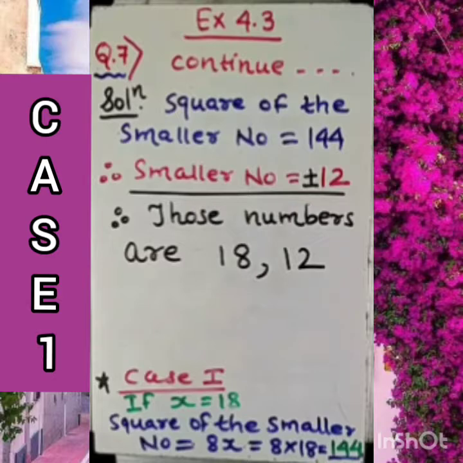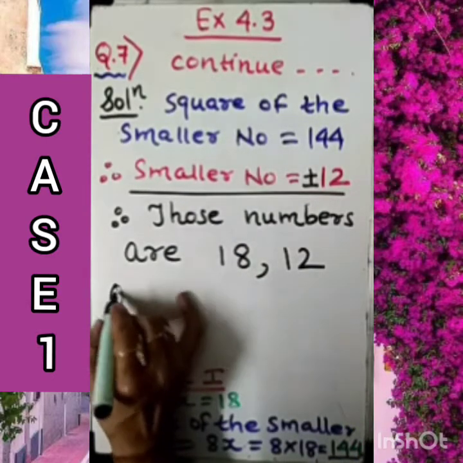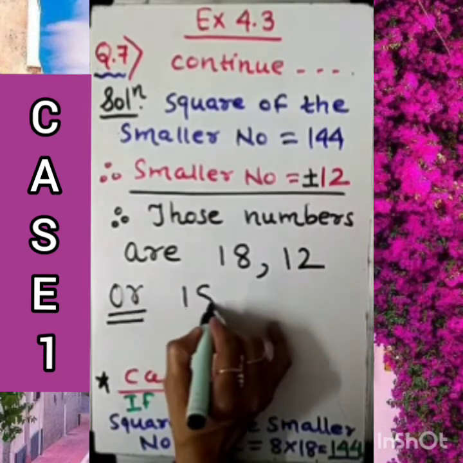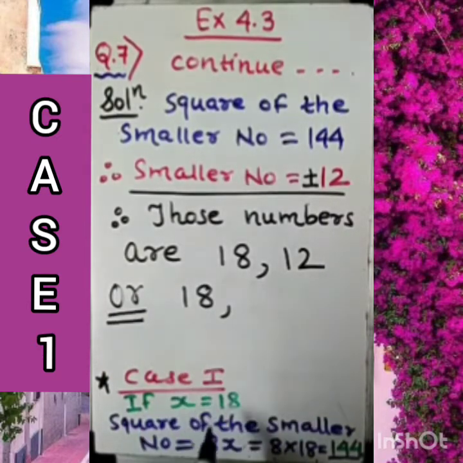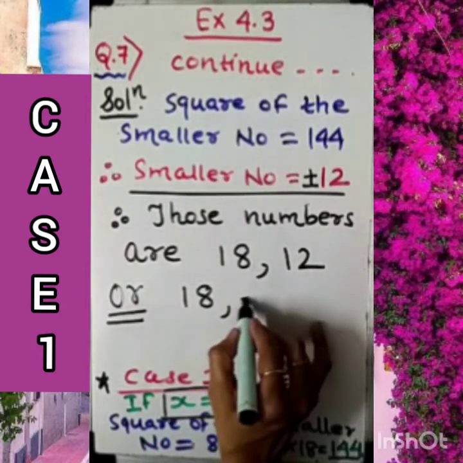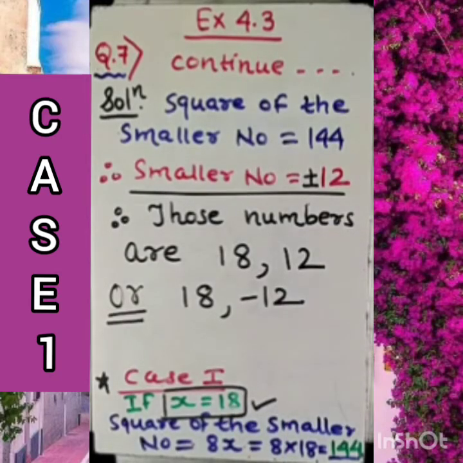Smaller number can be 12. And second option, or, if not, then larger number is already 18 because we have started with x equal to 18, and along with that, the smaller number will be minus 12. This is the answer through case 1.